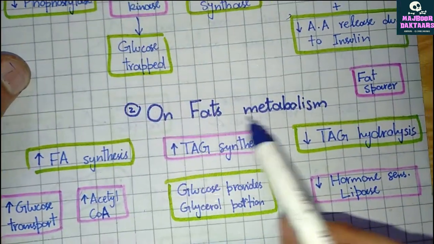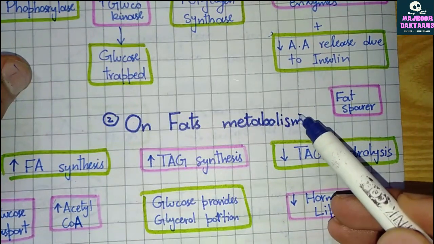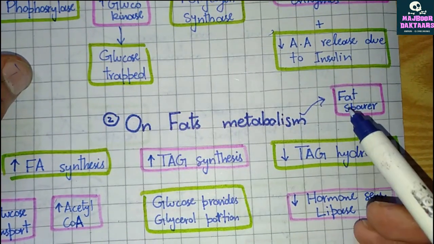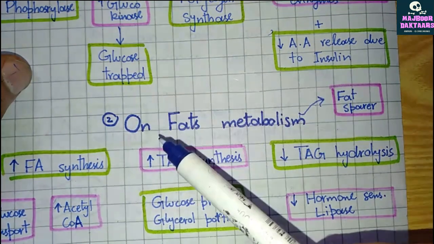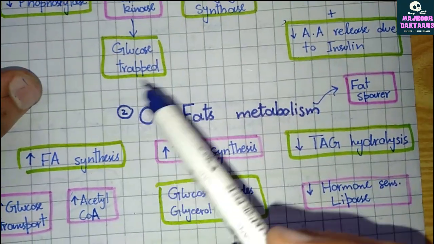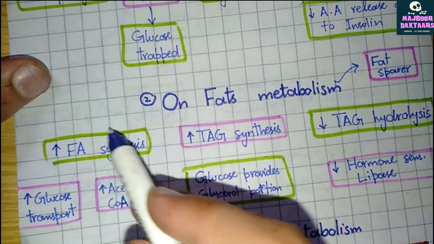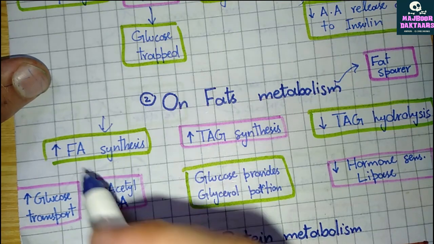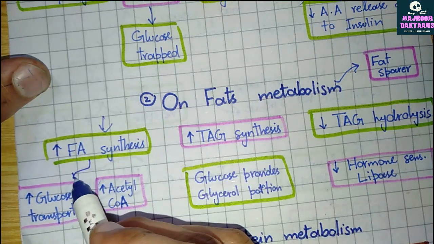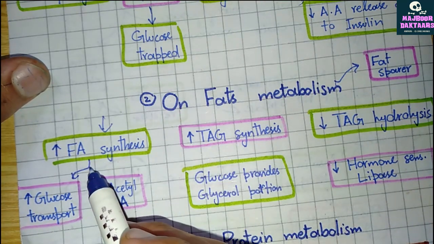Now, moving toward the fat metabolism, insulin is called the fat sparer because it utilizes glucose for energy in place of fat. So it increases the fat synthesis by increasing the glucose transport inside the cell.